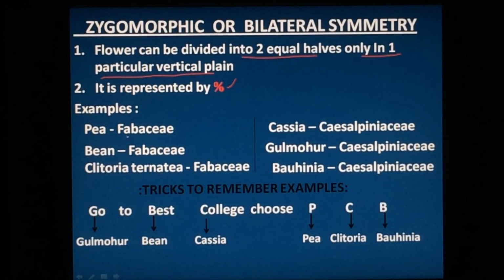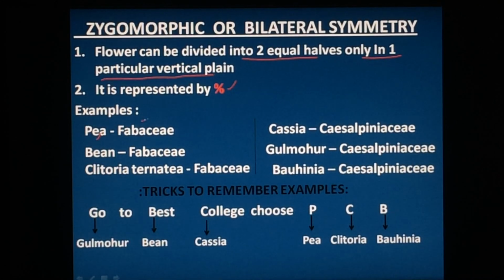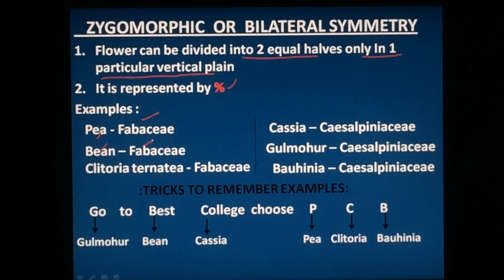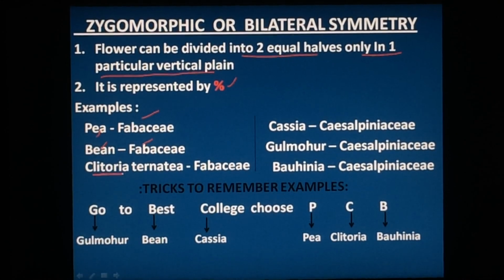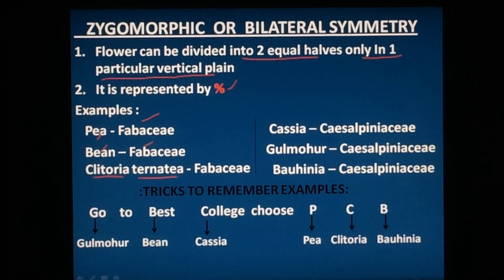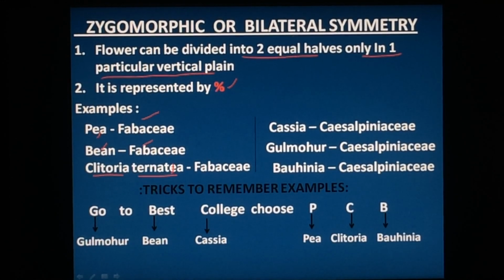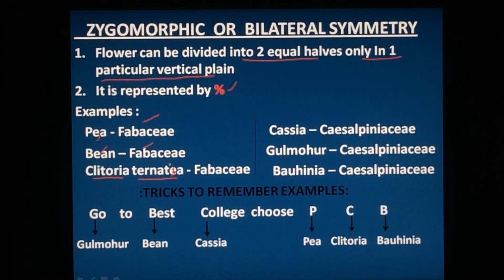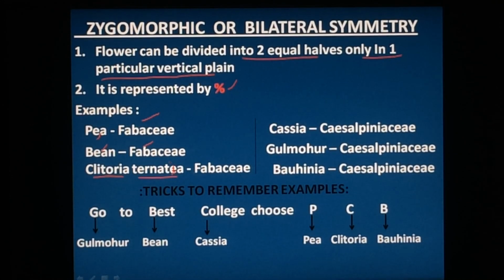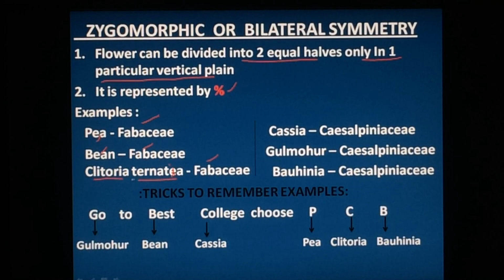Which are the examples? Pea, which belongs to Fabaceae, bean, which belongs to Fabaceae. Very important, Clitoria ternatia, which belongs to Fabaceae.